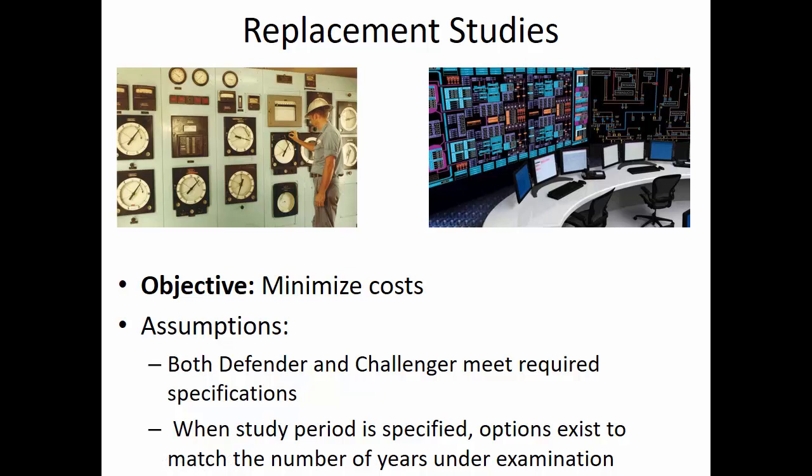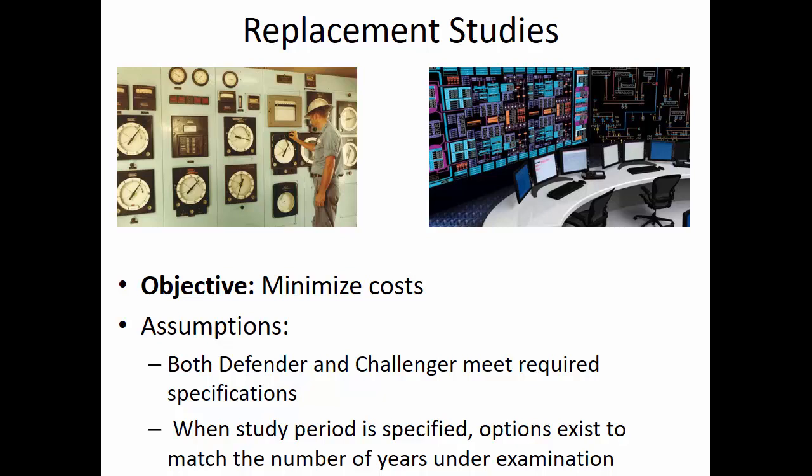You assume that both of the items are able to generate the same income. You assume that the difference arises from their cost. And so both of them are meeting the required specifications to produce whatever is being generated, or if it's a cost alternative, like related to city use or nonprofit use, it's not necessarily about generating income, but it's going to meet the needs of the people who are served by it.